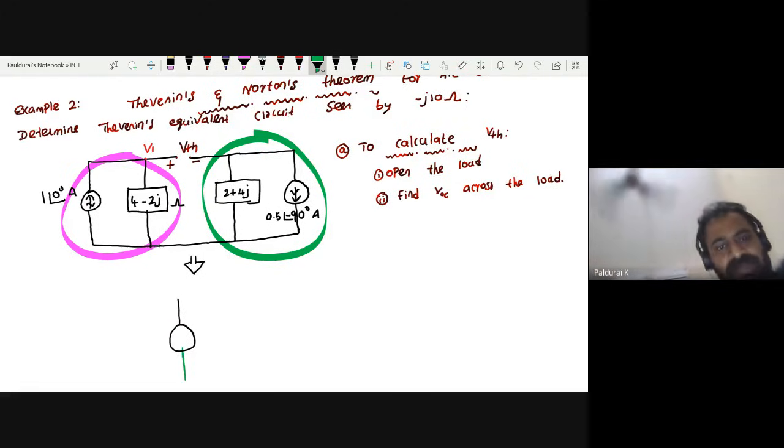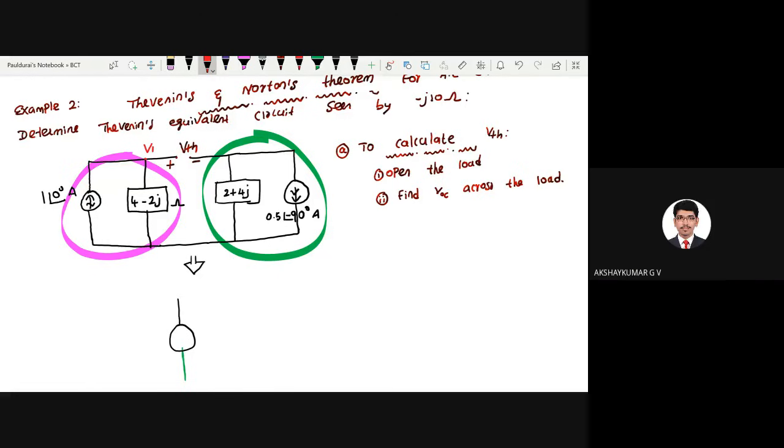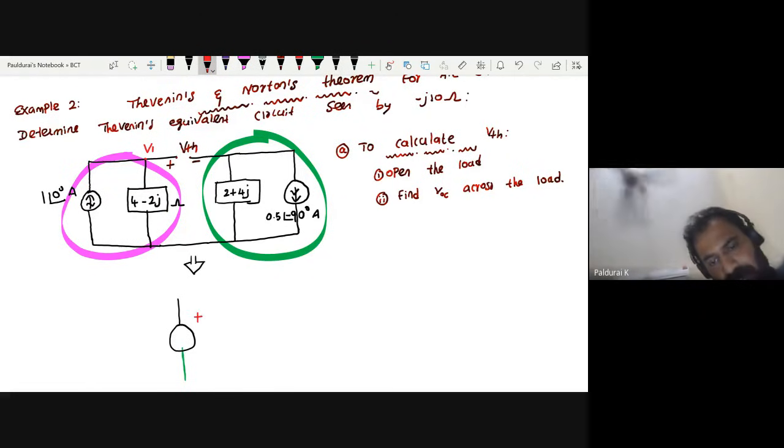Coming to the first one, the one I have circled in pink color. You know the source transformation theorem. According to my logic, the arrow mark indicates positive, so this is my negative. Take this as some VA, and this is my VTH, plus minus.